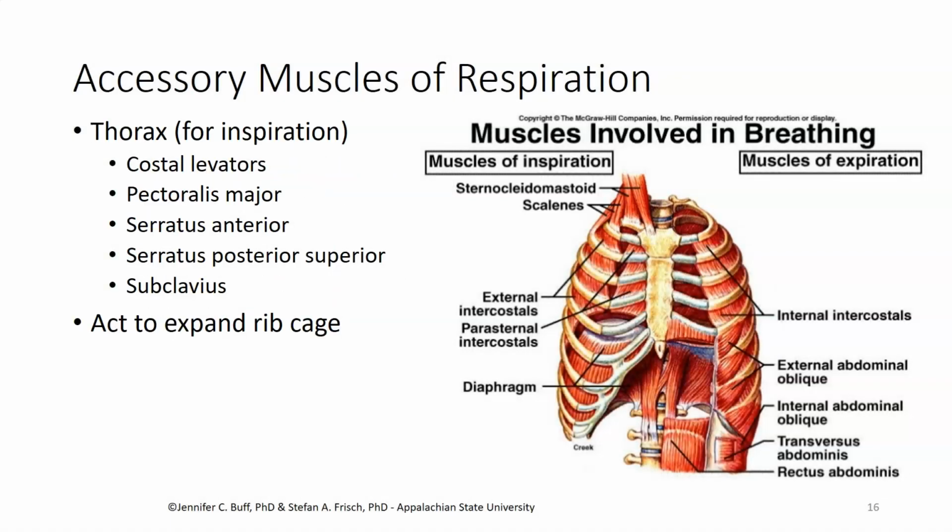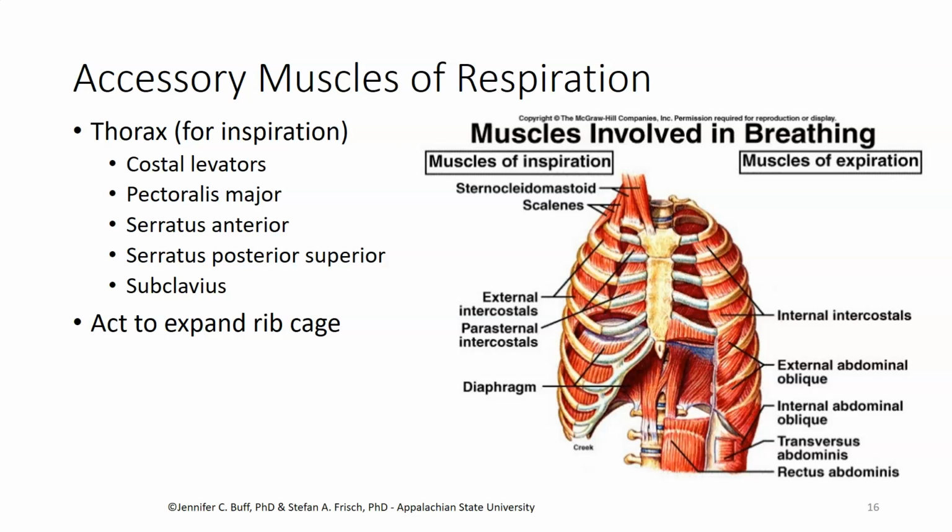In the thorax, we have a variety of inspiratory muscles that help expand the rib cage, including the costal levators. If you remember them from anatomy, there are both longus and brevis versions that pull upward from one rib to the next lower rib, or the lower rib 2 ribs down. The pectoralis major, which is a chest muscle that connects from the anterior part of the rib cage into the shoulder. The serratus anterior, which is a set of muscles that wrap around the sides of the rib cage from the scapula.